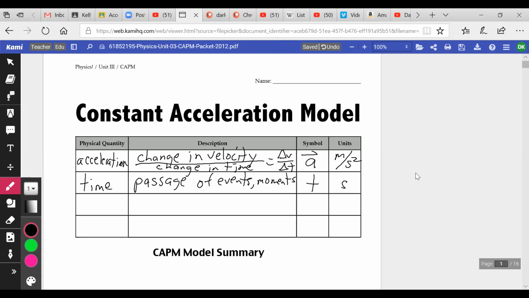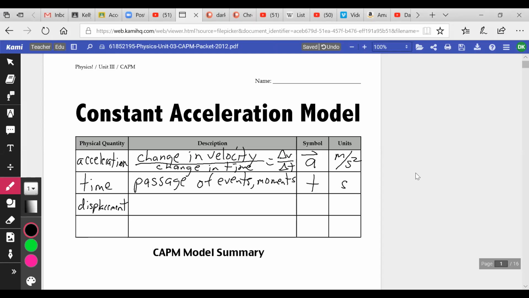So going back to our homework as well, we were able to measure displacement, another quantity that appears with the CAPM. And we know that displacement, anybody want to tell me what displacement is? What you remember, what you can look at in your notes? Total distance traveled. Nope, not accurate.